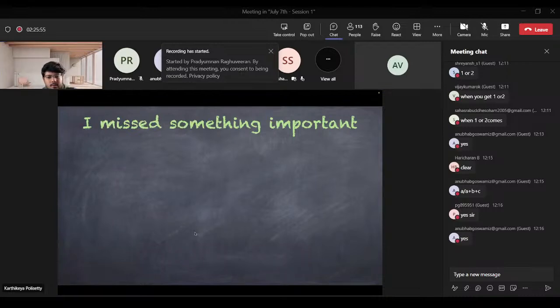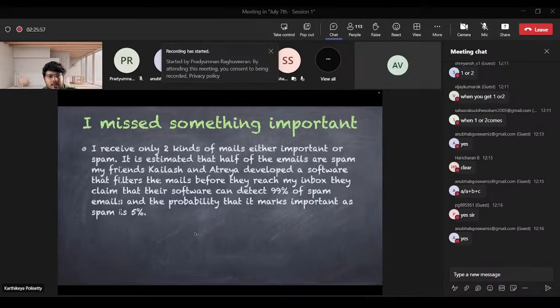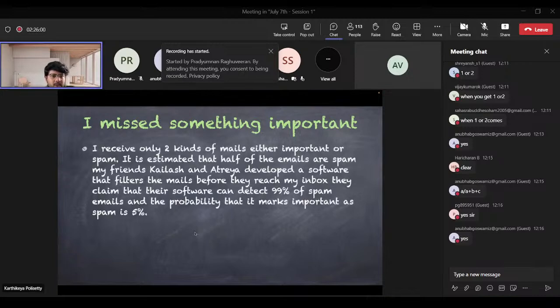I missed something important. I receive only two kinds of mails, either important or spam. It is estimated that half of the emails are spam. My friends Kailash and Atreya developed a software that filters the mails before they reach my inbox. They claim that their software can detect 99% of spam emails, and the probability that it marks important as spam is 5%.